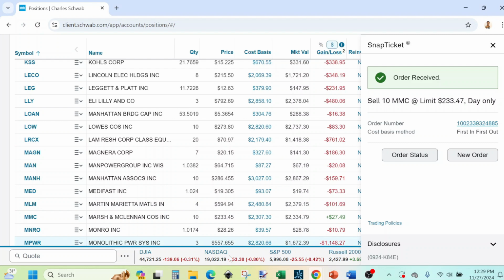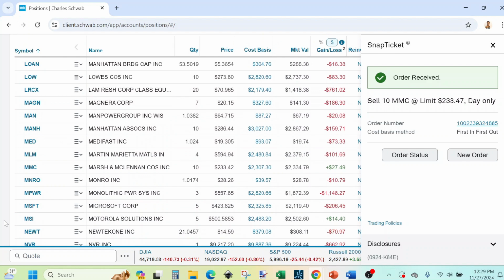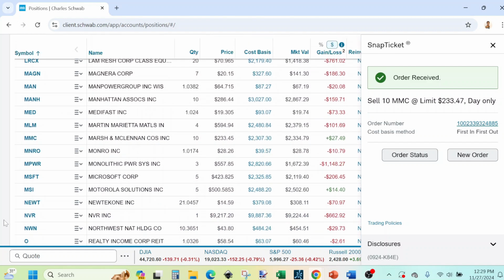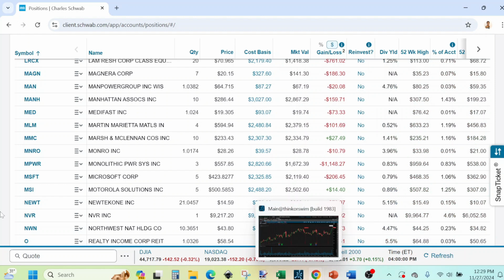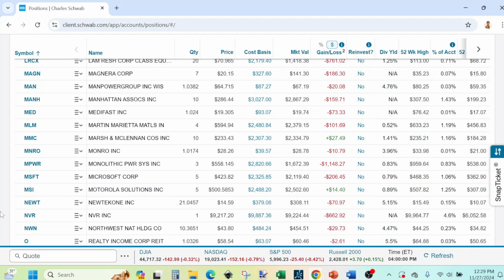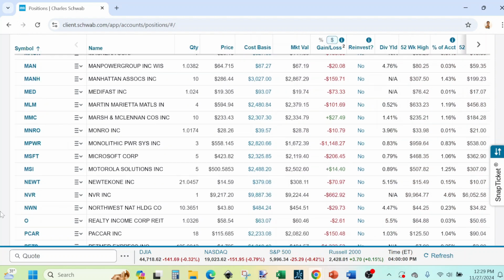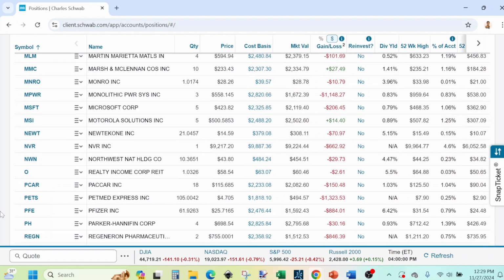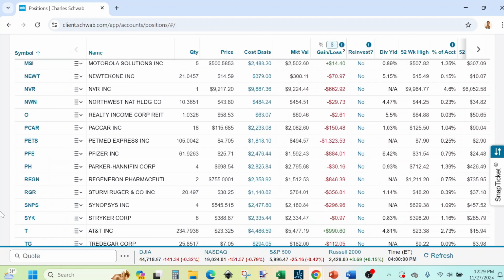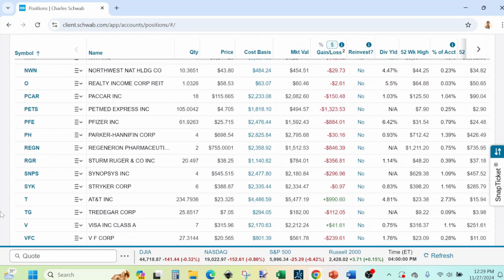And sometimes by the time you press the button to place the order, the price the stock is selling could change. It could go down or it could go higher. And you just have to click the back button to go back, or just continue pressing the green button to go forward and place the order.